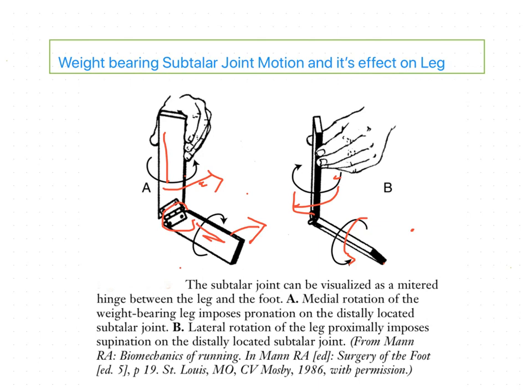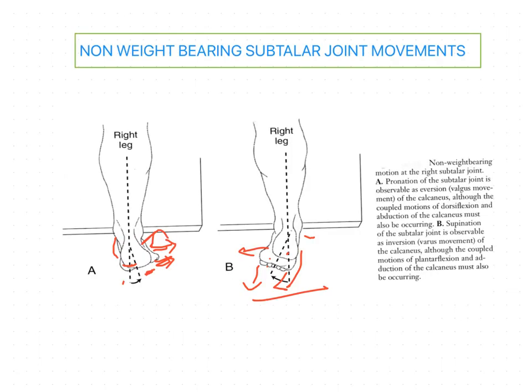This way we can calculate the range of motion. Again we will move on to non-weight bearing. Because of the movements of the calcaneum with that of the leg, we can find the range of motion here.